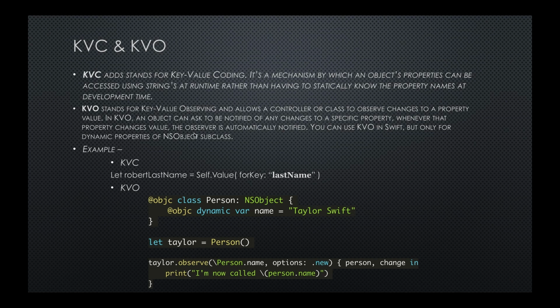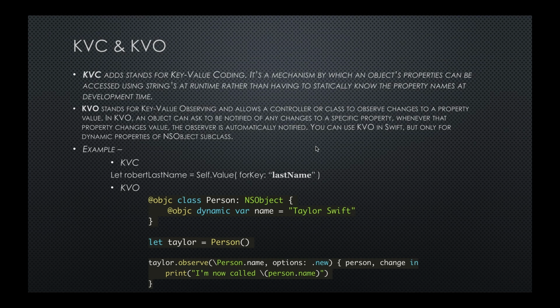Whenever that property changes value, the observer is automatically notified. So if you know the observer pattern, this is exactly the same thing. You can set an observer on your property so that every time there is any change in that property, you will be notified.